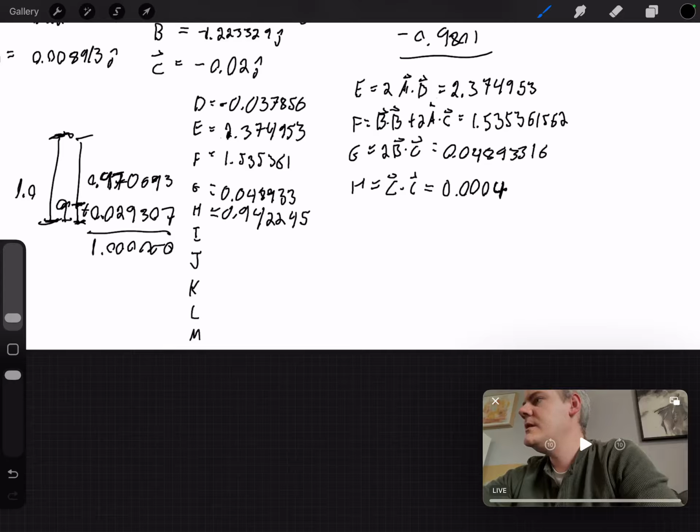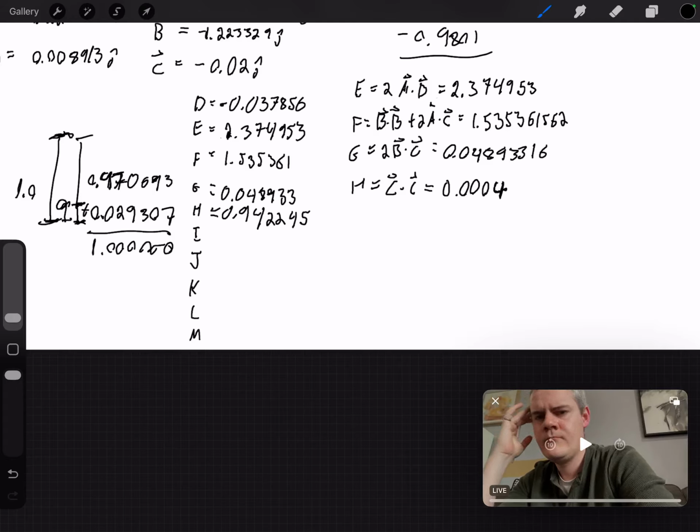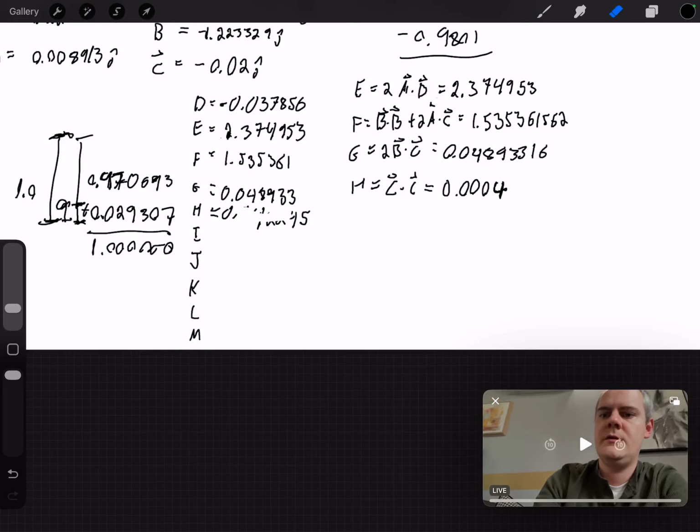Am I printing them? D, E, F, G, H, I, J, K, L. What was the problem here? Oh, right, my H value in my code is good now.